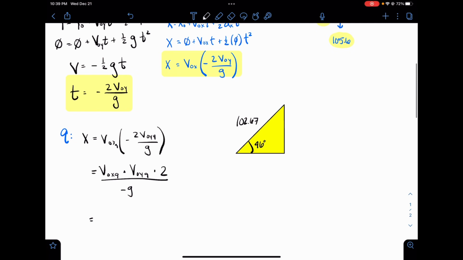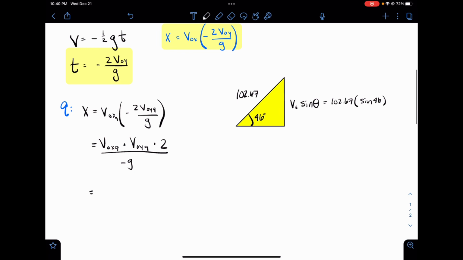That means this component right here is going to be v naught sine theta, and that equals 102.67 times the sine of 46. And then this component right here is v naught cosine theta, which equals 102.67 times cosine of 46.